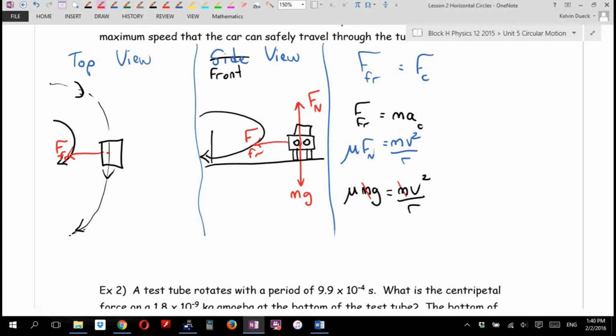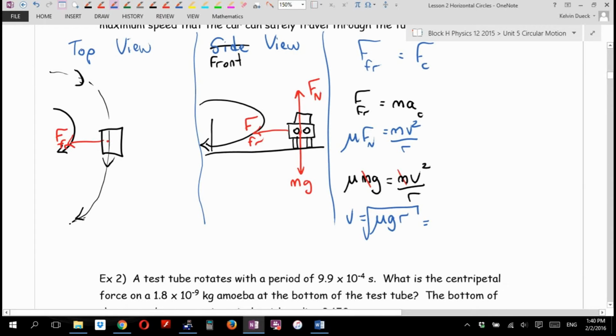What are we trying to find? Oh, how would I get the v by itself? Times by r, and that'll give me v squared. So you're saying v is the square root of mu g r? What's mu?